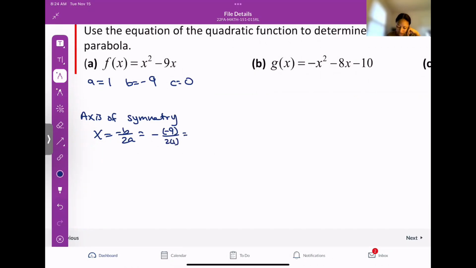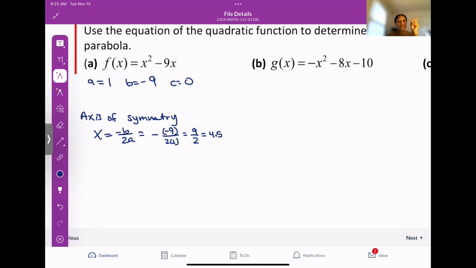That would be 9 over 2. Usually we just leave it as a fraction in simplified form. If your fraction converts to a decimal that terminates, you can write it as a decimal. That would be 4.5. Or you can just, like I said, leave it as 9 over 2. That's perfectly acceptable. And in most cases, it's better to leave it as a fraction.